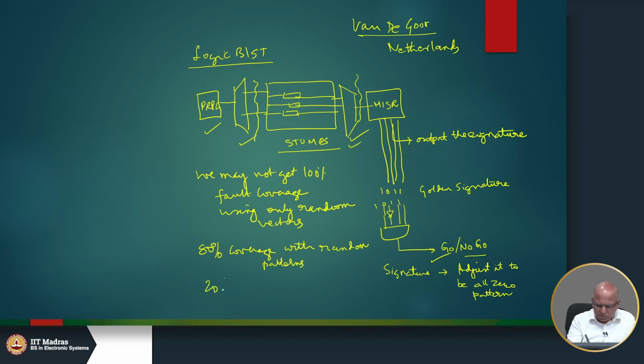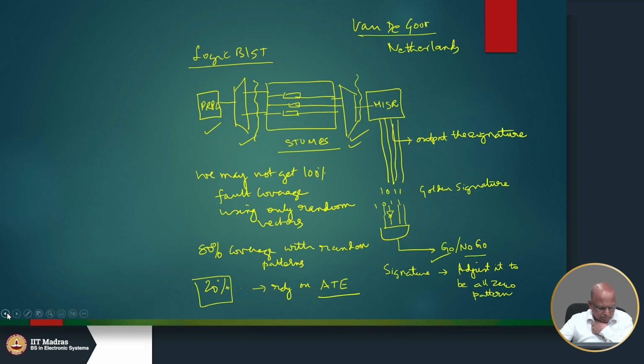Then the remaining 20% you will have to rely on the tester, automatic test equipment. See, this sort of people are not very happy, because anyway you ended up with a tester. Maybe it will be a low cost tester because only 20% of the total patterns will have to be stored, but it will still be an investment.